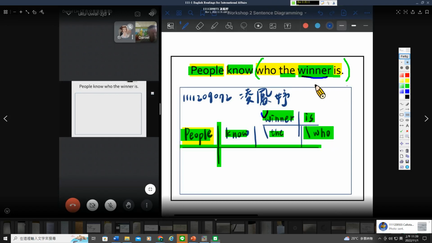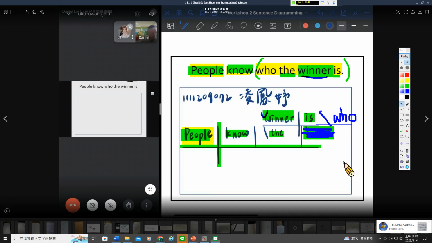Why? Because let's take a look at the structure. Who the winner is; the winner is who, right? The winner, subject; is, verb. Who is a subject complement. So basically, you have to put who here as a subject complement, but not here.